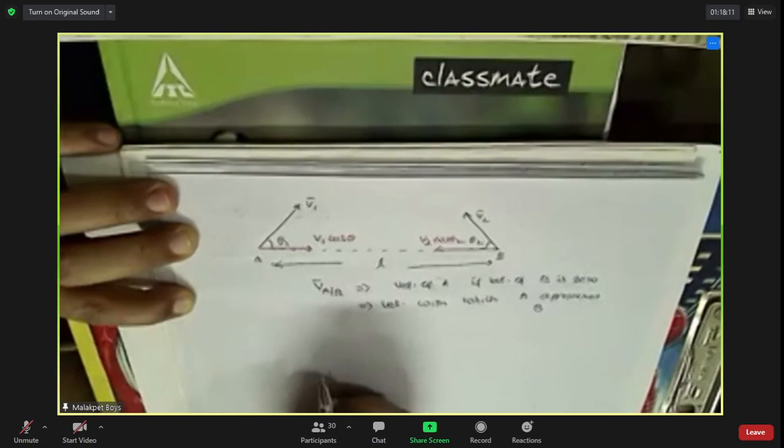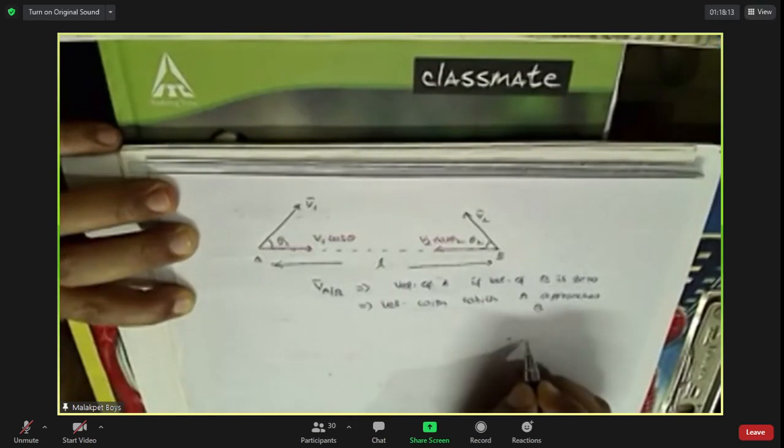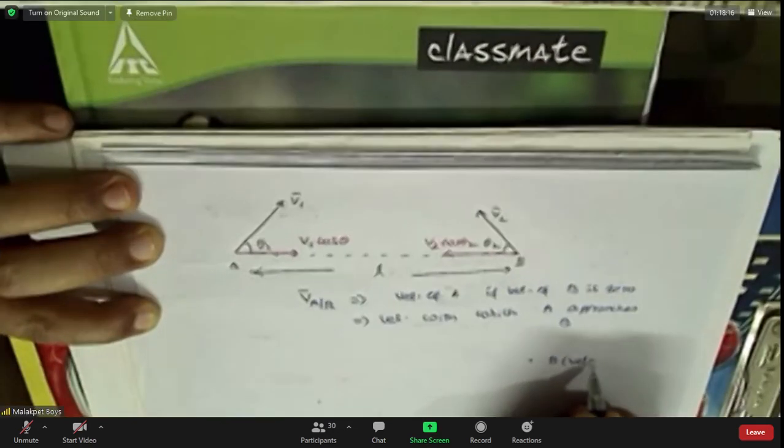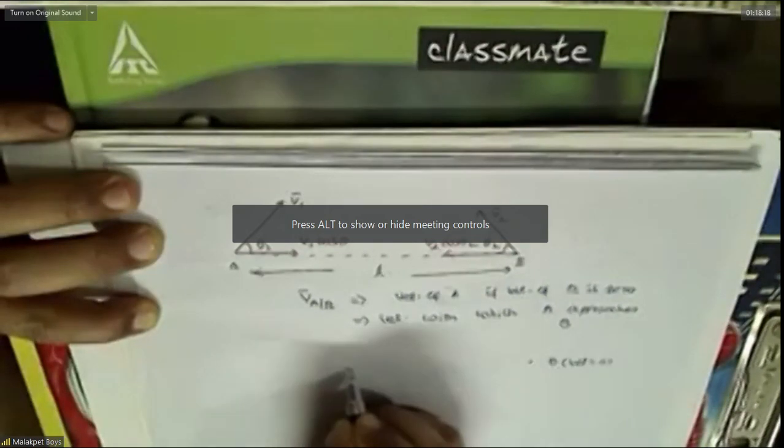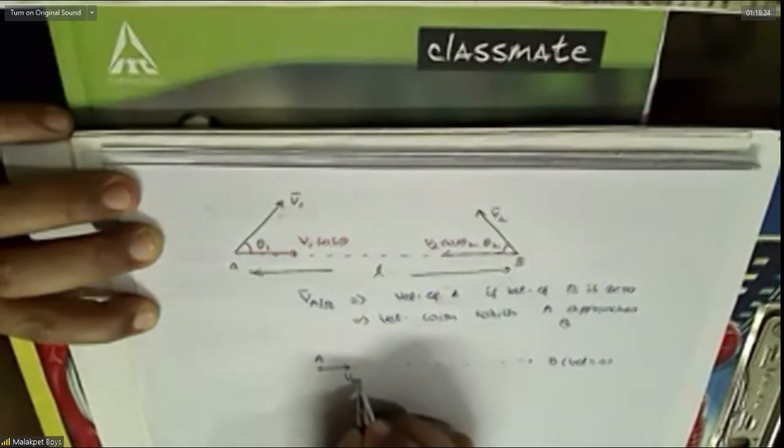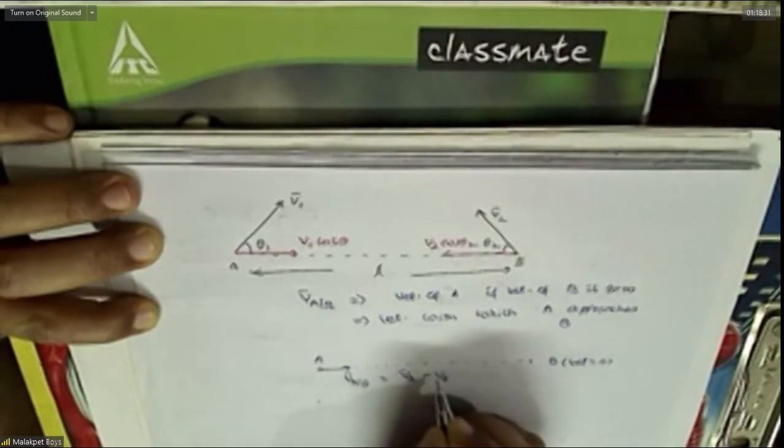That means B is at rest, velocity is 0. Now A will be approaching with what velocity? VAB. What is VAB? VA minus VB. That is V1 cos θ1 minus V2 cos θ2.